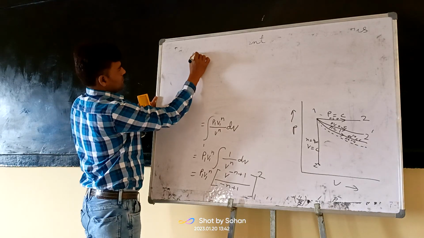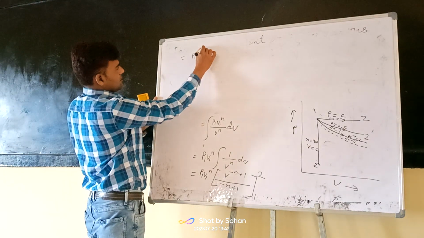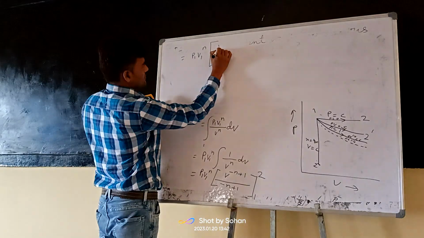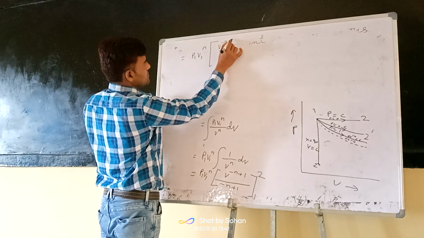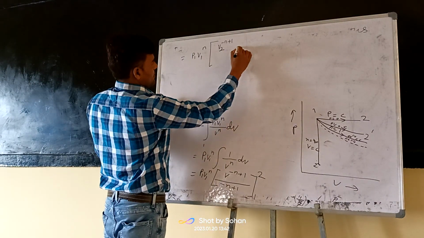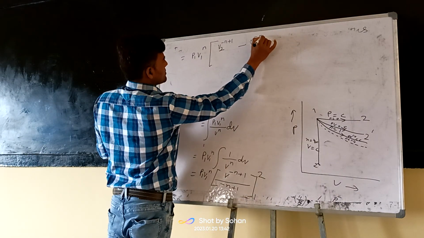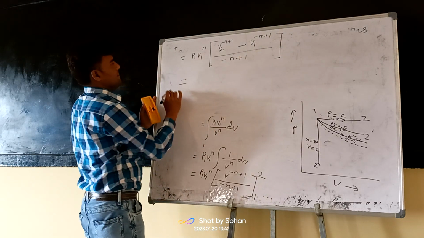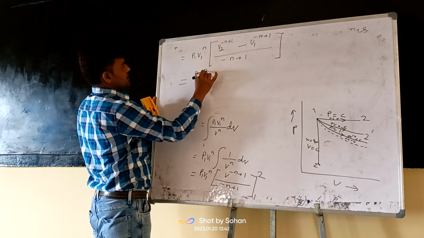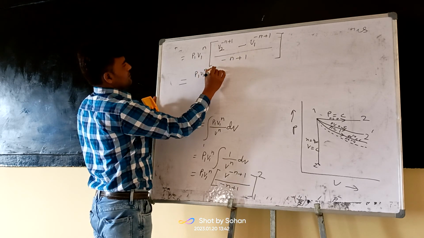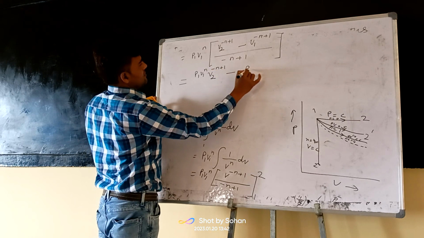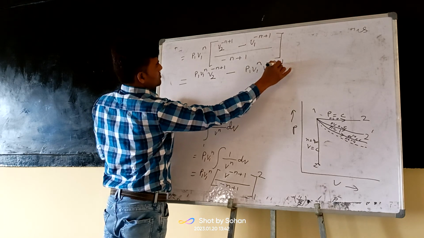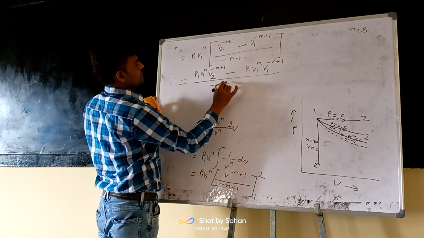Then P1 V1 to the power n, putting the upper and lower limits, we have V to the power minus n plus 1 minus V1 to the power minus n plus 1, divided by minus n plus 1.